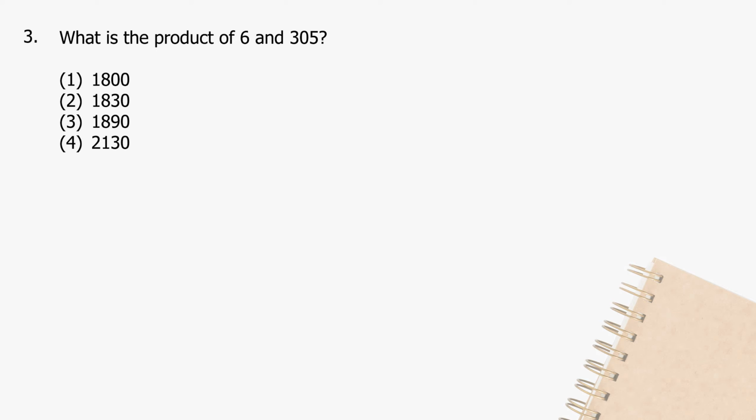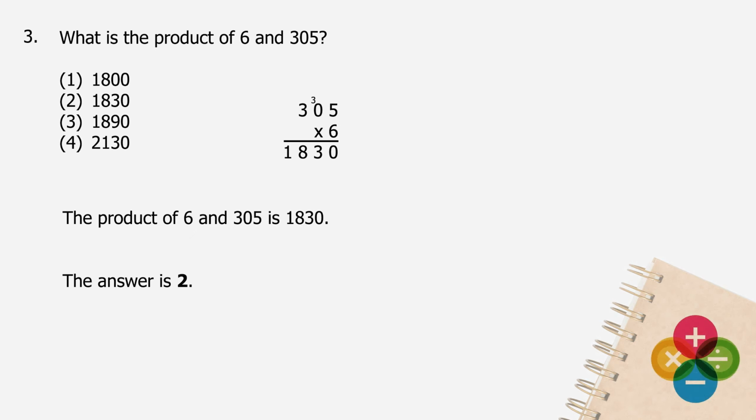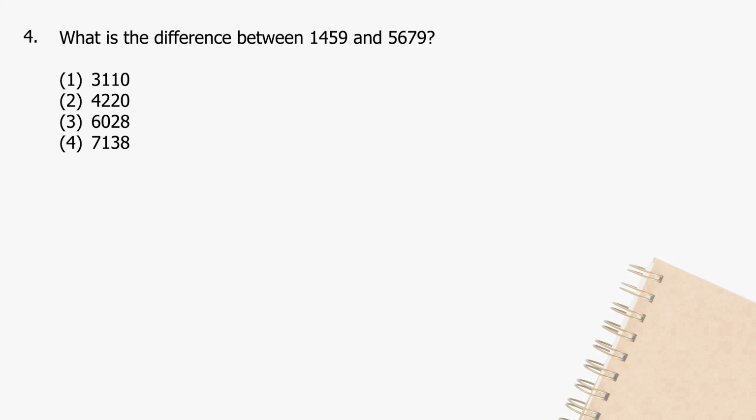Question 3. What is the product of 6 and 305? The product of 6 and 305 is 1830. The answer is 2. Question 4.